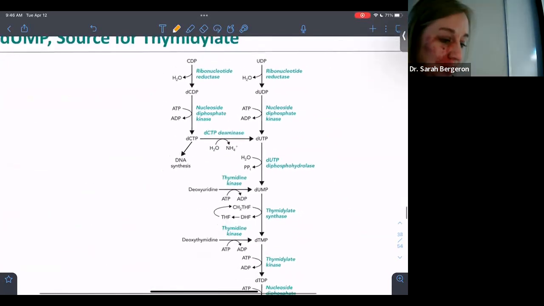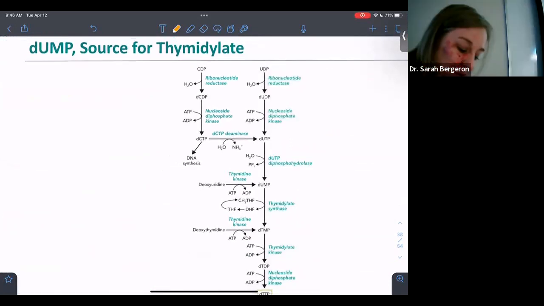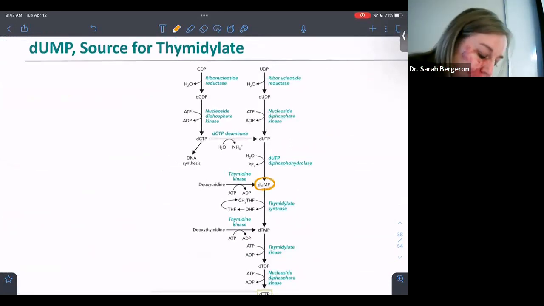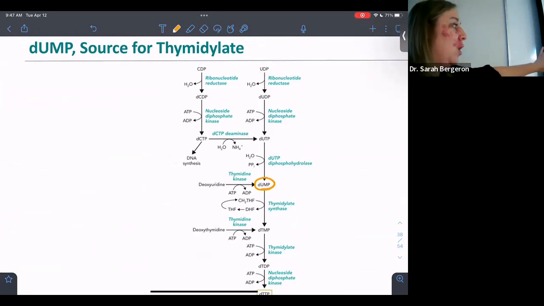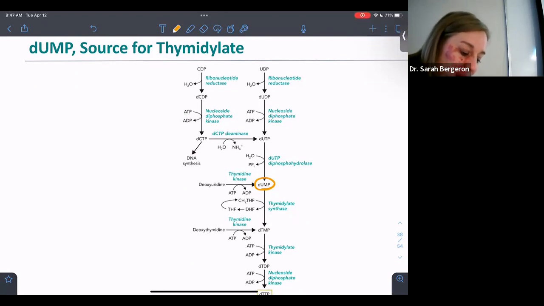All right. So there are a couple of different ways. There are actually 3 different sources for DUMP. Here's DUMP. This is our goal that we looked at on the last slide. The last slide reaction we looked at was right here. DUMP to DTMP. Right? So this reaction is exactly what we saw on the very previous slide. So there's like 3 different ways that we can get there. Okay. So if we have DUTP, right? So we have the triphosphate.